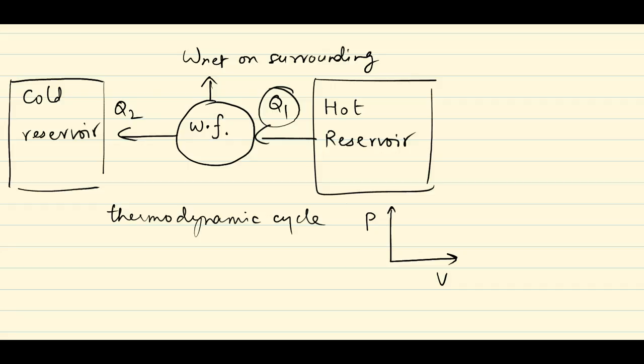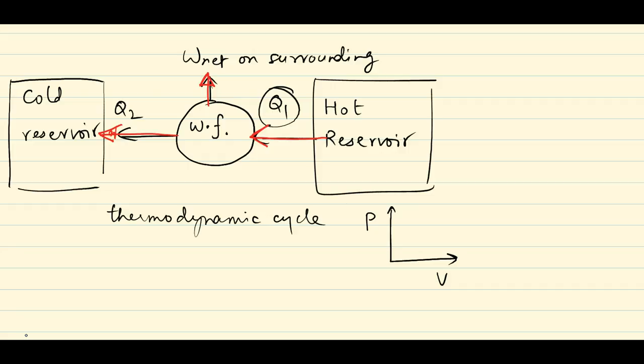So the working fluid in a nutshell extracts heat from a hot reservoir, gives out net work to the surroundings, and in the process also loses some heat to the cold reservoir.